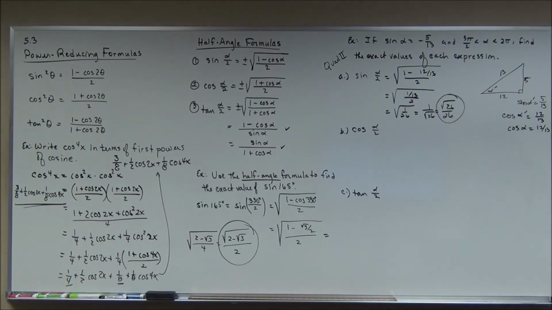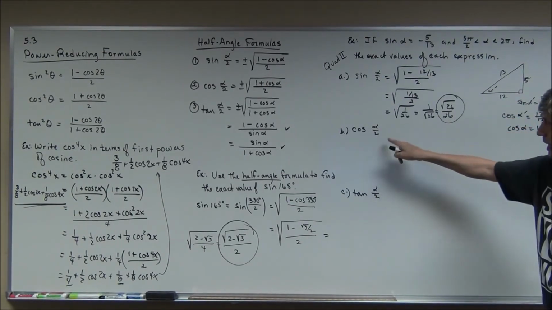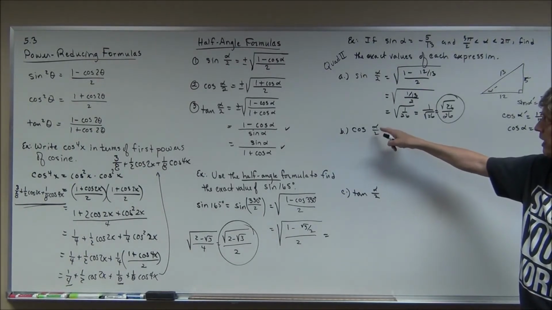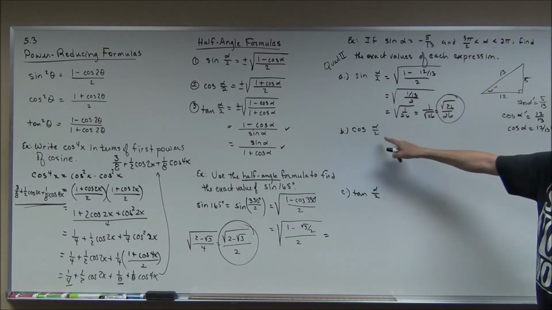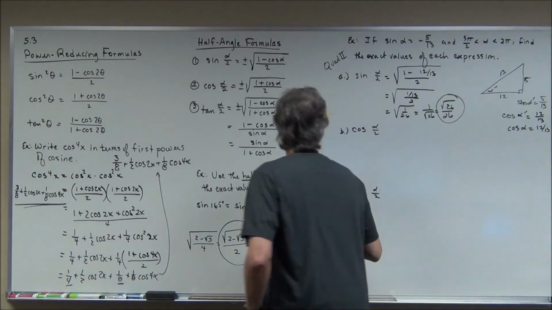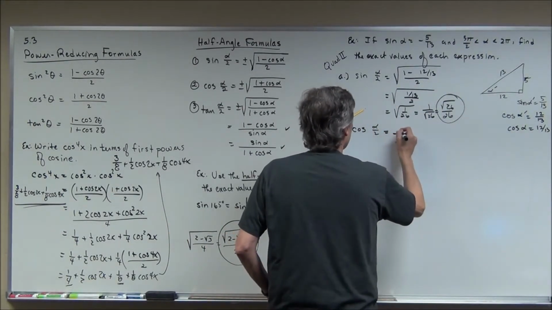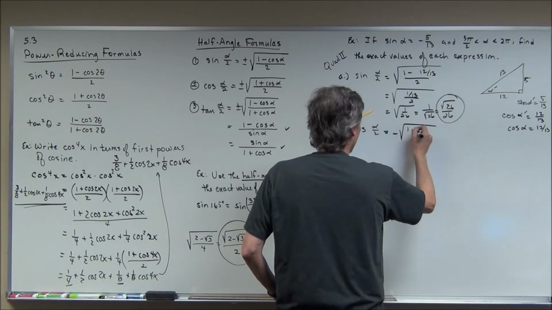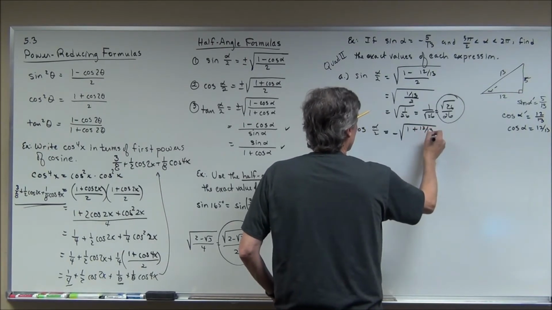Now, next guy up is the cosine. In the second quadrant, cosine is negative. So this is a second quadrant angle because we determined that from here. So the cosine of alpha over 2 would be negative the square root of 1 plus 12/13 all over 2.